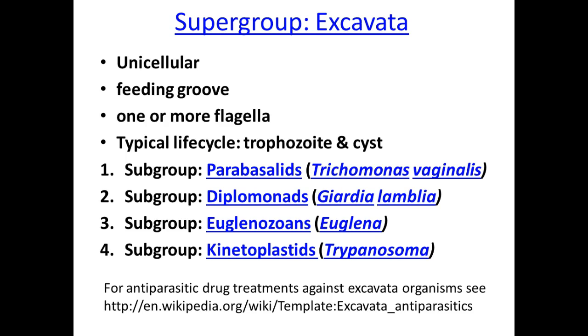A lot of parasitic organisms form cysts. When it's picked up by an organism from the environment, it comes out of that cyst and becomes the active feeding phase again. This is very true for Giardia. Giardia has sucking discs that attach to you and suck mucus from your intestinal lining.